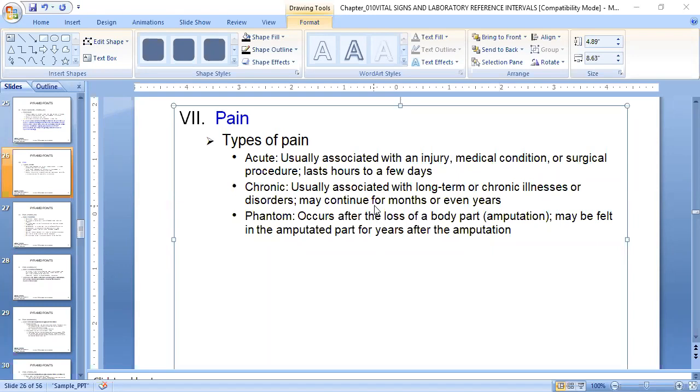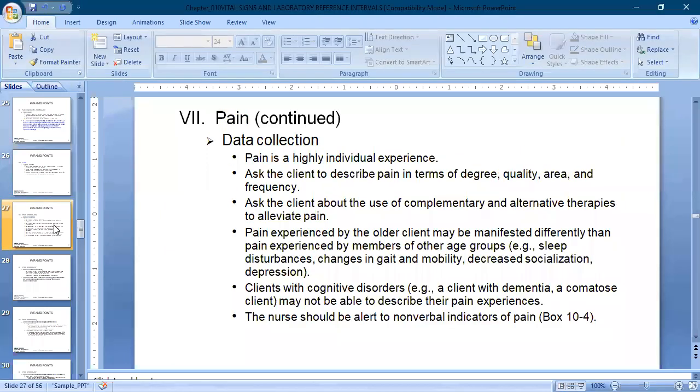And phantom pain occurs after the loss of a body part, like amputation, meaning removal of a limb. Pain may be felt in the amputated part for years after the amputation, and it's called phantom pain, right?